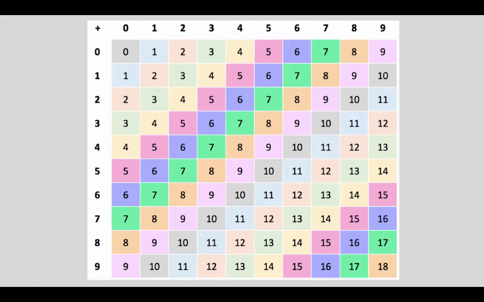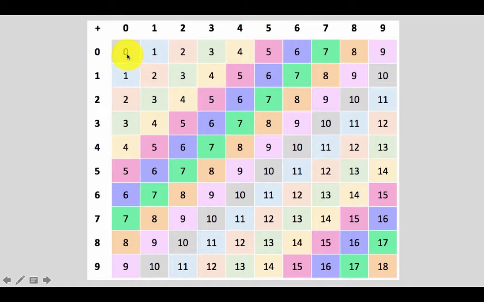We can see these patterns more easily if we look at a simple addition table for the digits 0 to 9. Here we can see the 1, 2, 3, 4 ways to obtain 3 ones without regrouping, and the 1, 2, 3, 4, 5, 6 ways to obtain 3 ones with regrouping.